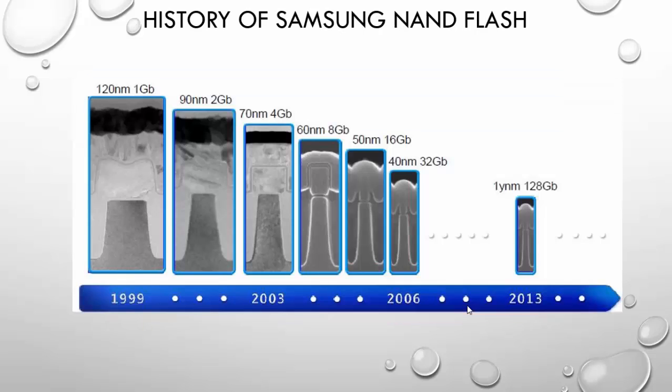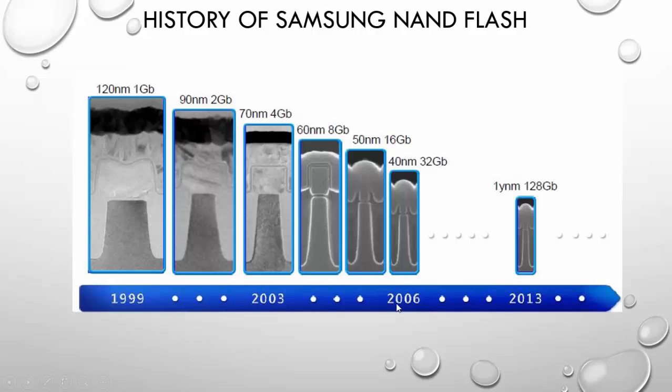And another thing is the history of Samsung NAND flash, how year by year they increased the density by shrinking the width between the cells. Here you can see that in 1999 there is 120 nanometer and it holds only 1 GB.